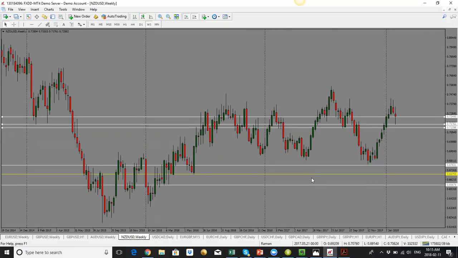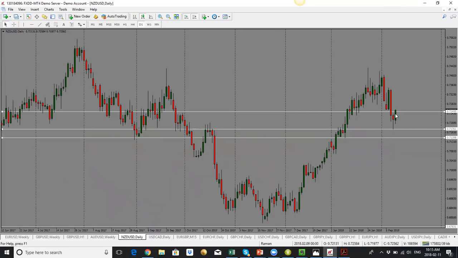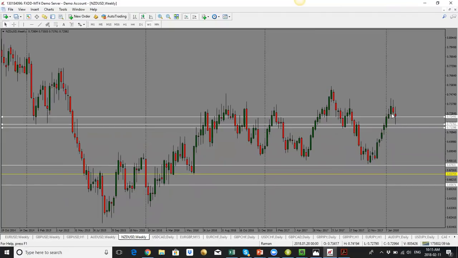New Zealand Dollar here, we had looked at these pins last week, and we were looking for a drop. So price has dropped, but since then on Friday here, it has pushed up, which creates a pin for us in terms of the weekly.